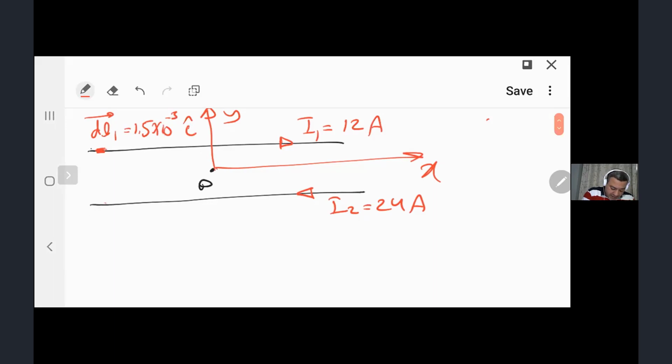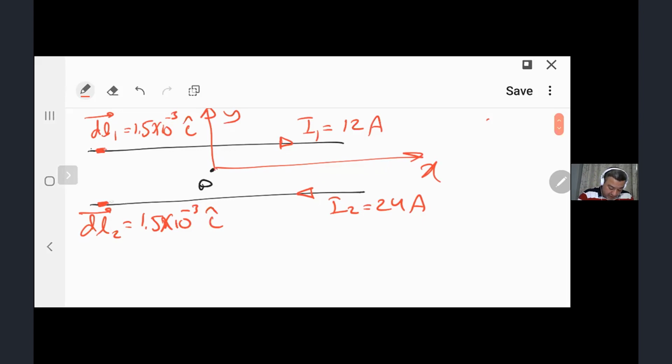This is the same for dL2: 1.5 times 10 to the power minus 3 i hat also. We've said that we always take the differential element to be positive and we'll let the current decide on the direction. So this is what I did.